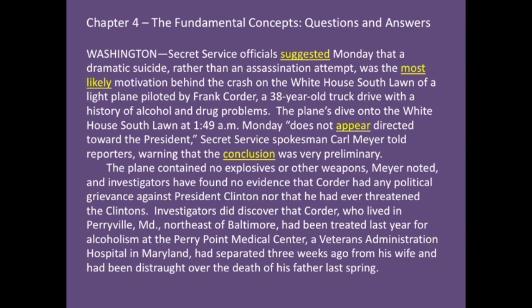This isn't like a letter to the editor, but we are still being presented with reasoning that the investigators and Secret Service officials engaged in. We're being presented with their conclusion and the support for that conclusion, that Corder wanted to kill himself dramatically. Now, as we work on articulating our understanding of the Secret Service official's argument, we want to go ahead and state what the implicit question is.